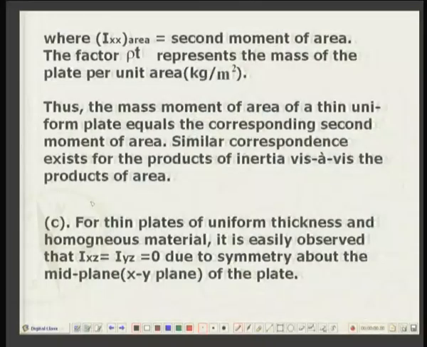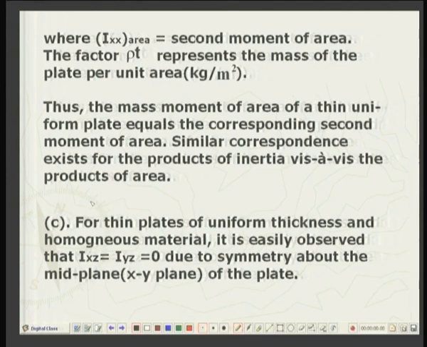The factor rho t is the mass density into thickness. So it is the density of the material, but now expressed as mass per unit area of the plate, because thickness has already been taken into account. So rho t is in kilograms per meter square, that is, mass per unit area.